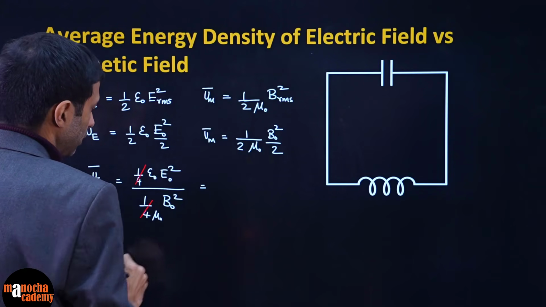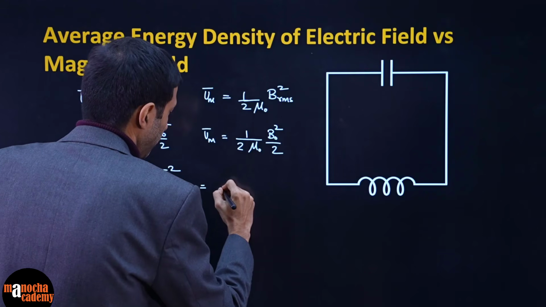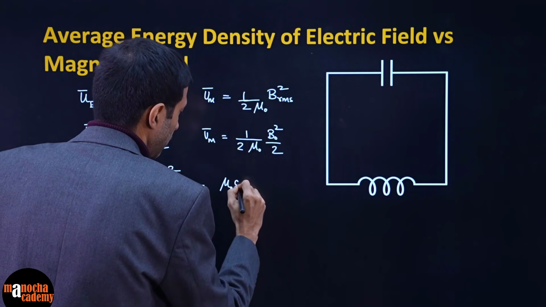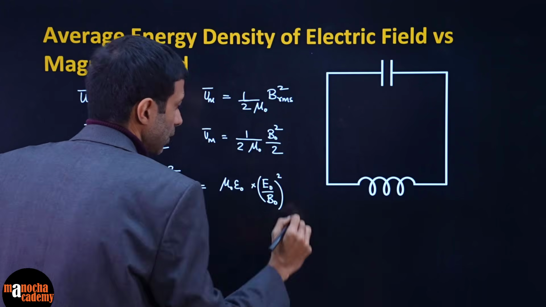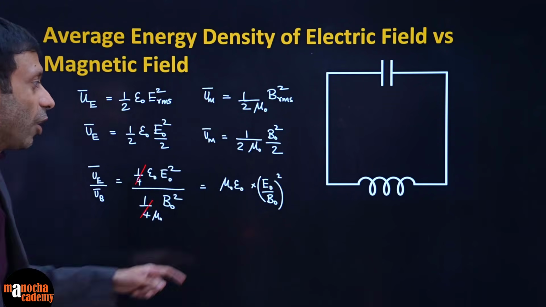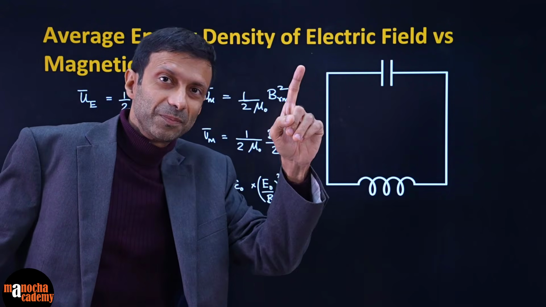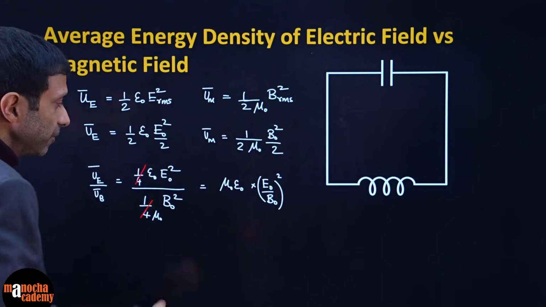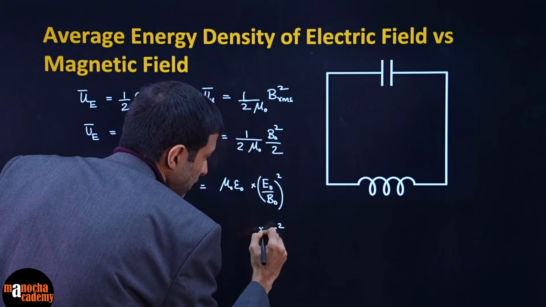So what are we left with? This mu naught will go on top, so we are left with mu naught epsilon naught, and here we are left with E naught squared by B naught squared. Now when you look at E naught by B naught, remember we did that formula, it is equal to C. So this part will simply be C. Does everybody agree? It is going to be C squared.